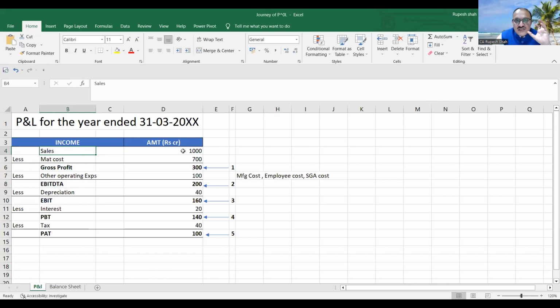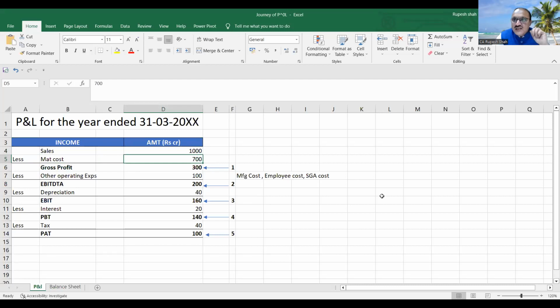So this starts with the sale, and say this is 1,000 crore. Then immediately a question arises in the mind of the businessman or the investor. In order to make this 1,000 crore sale, what is the material consumption incurred in this particular period? कितने का माल कंज्यूम किया गया है? And say this is worth 700 crore rupees.